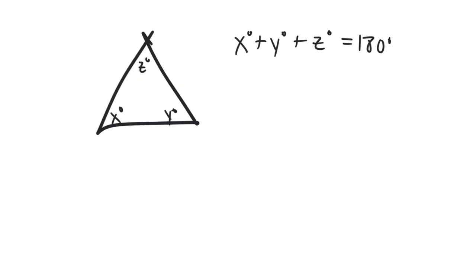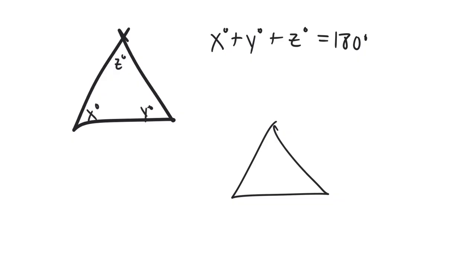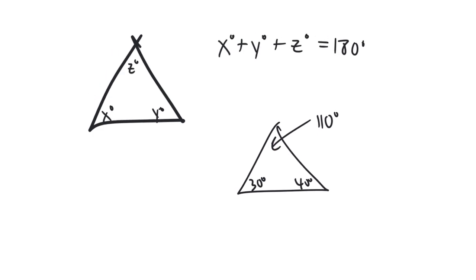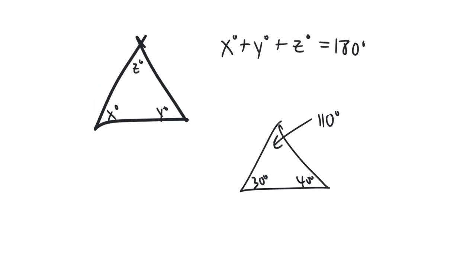Now that ends up being very useful information because if that's 30 and that's 40, well, you know that that has to be 110, okay? Because 30 plus 40 is 70, and then we need to get up to 180, right? So 180 minus 70 is 110, right? So that is going to turn out to be very useful.